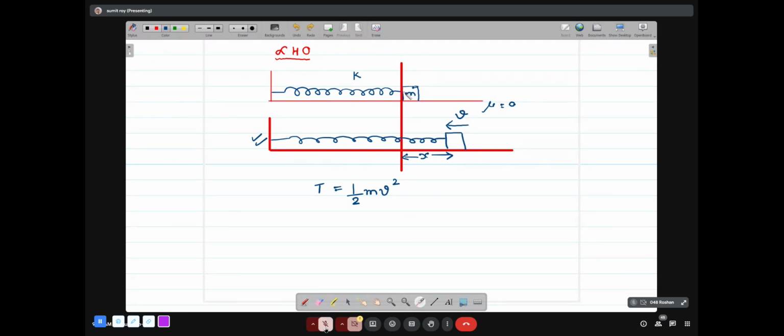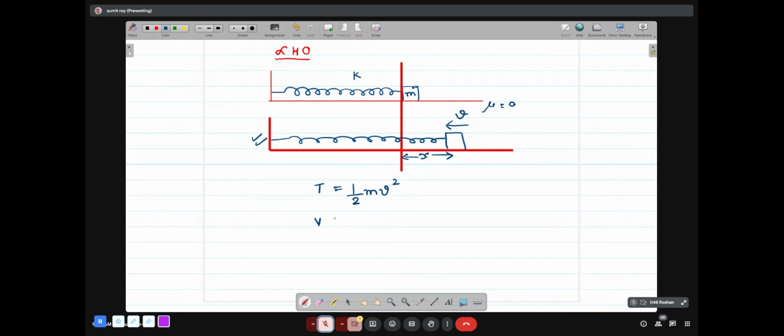We have displaced it from the mean position and then released. It is executing this to and fro motion, and at some instant the block is here. Is the block at rest or is it moving towards the mean position? So it possesses some speed, so it will have kinetic energy half mv square.